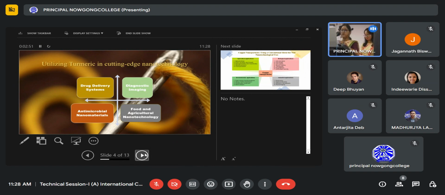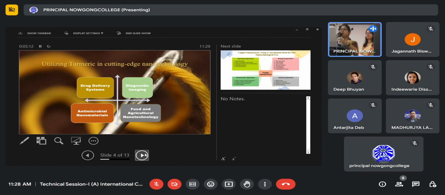Then, for antimicrobial nanomaterials, turmeric nanoparticles have been investigated for their antimicrobial properties against bacteria, fungi, and viruses, which enhance the antimicrobial activity for combating drug-resistant pathogens and controlling diseases.